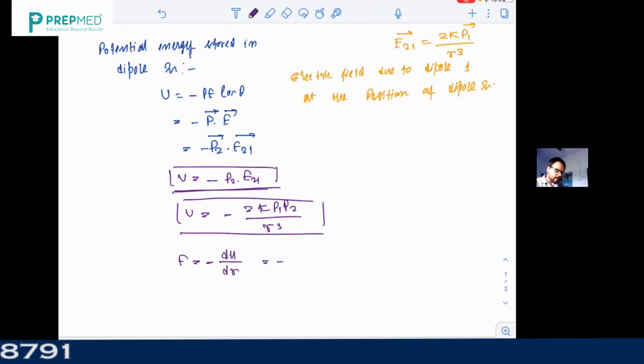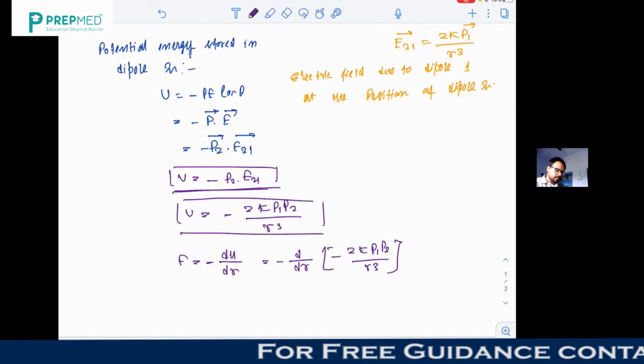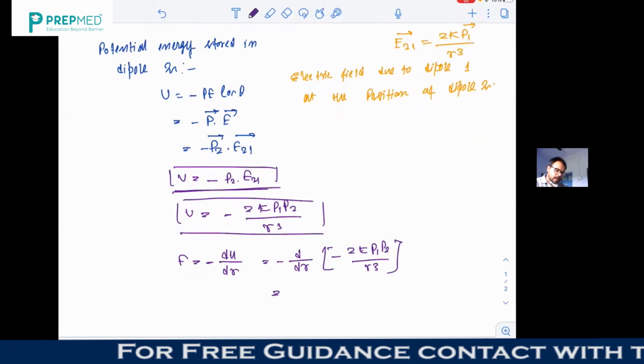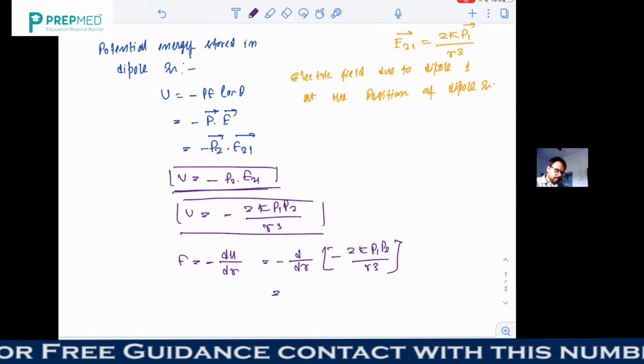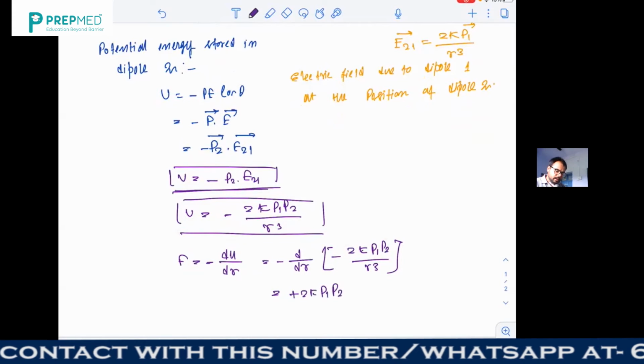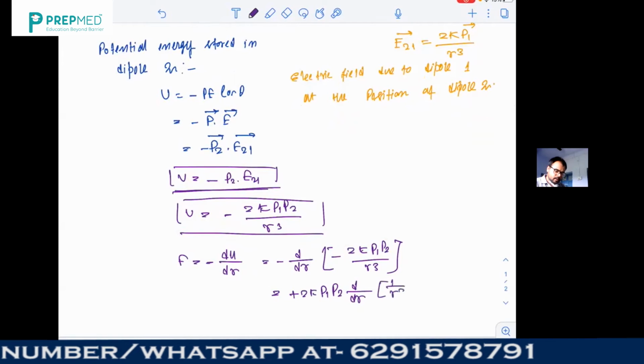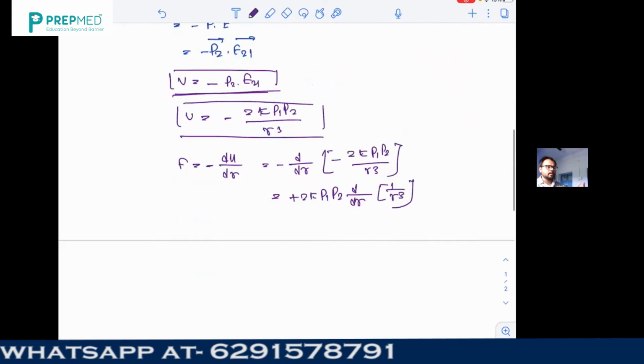If I do that, minus d by dr of minus 2k P1 P2 divided by r cubed. So this minus I can bring outside, so it becomes plus. And 2k P1 P2 is also a constant. So plus 2k P1 P2 times the differentiation of 1 by r cubed, that is r to the power minus 3.